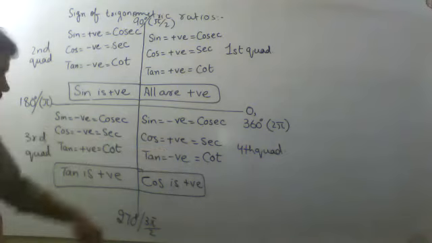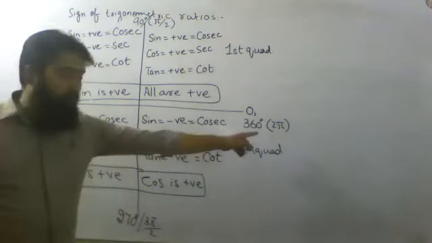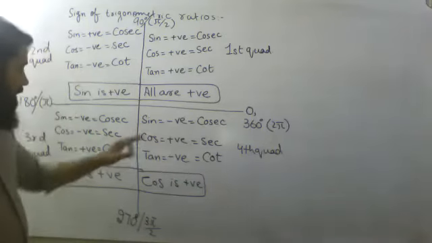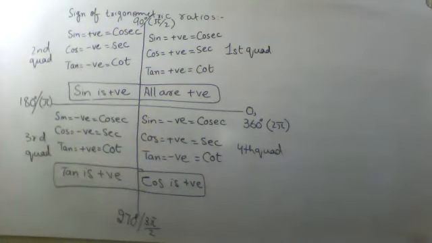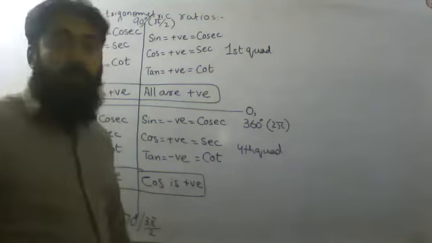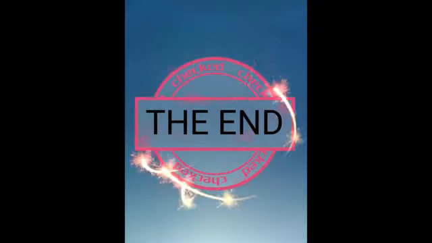And in the fourth quadrant, from 270 to 360 or 3 pi over 2 to 2 pi, the result of cos will be positive, and all the others will be negative. Okay, this is the relation you have to remember when you are going to do trigonometric equations.